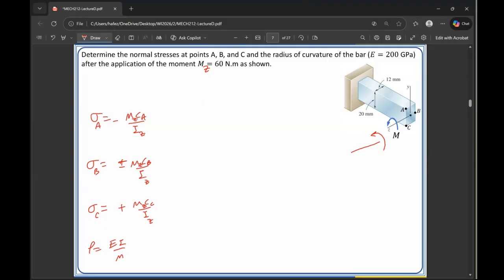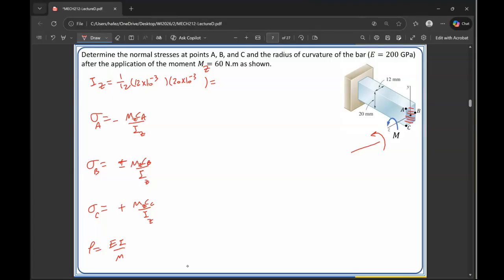So let's calculate them. First IZ, because it's recurring, calculate it once. It's rectangular geometry. Look at this cross section. 1/12 base times height, one of them cubed. So it's 12 by 20. Let me switch to that slide of my notes.